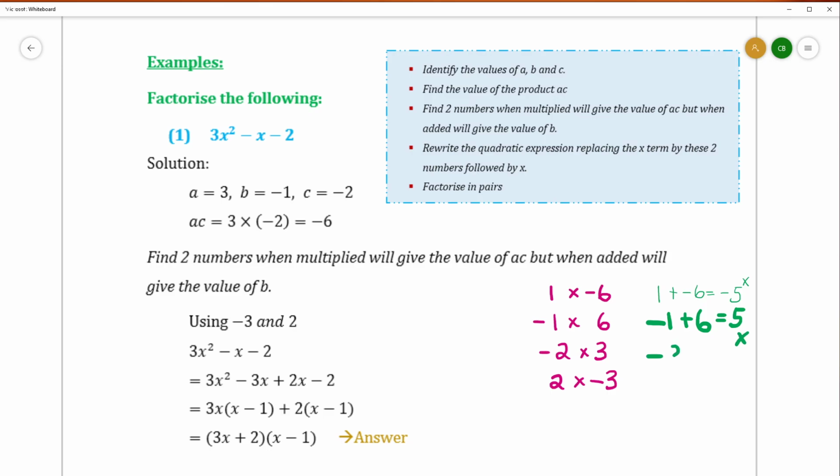Then minus 2 plus 3 gives us 1, still not our answer. And then our last option is 2 add minus 3 gives us minus 1, and this is the combination that we are looking for.